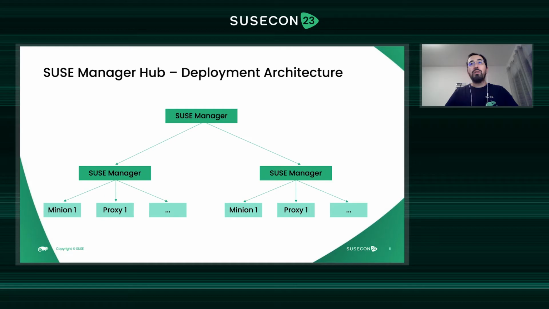This is an example of a deployment architecture of the hub. We can think of the top level SUSE Manager server, which is responsible to manage the lower level SUSE Manager servers. So a central point of management in this infrastructure. And then the low level SUSE Manager servers, where we can register our machines and our proxies to manage all our architecture.